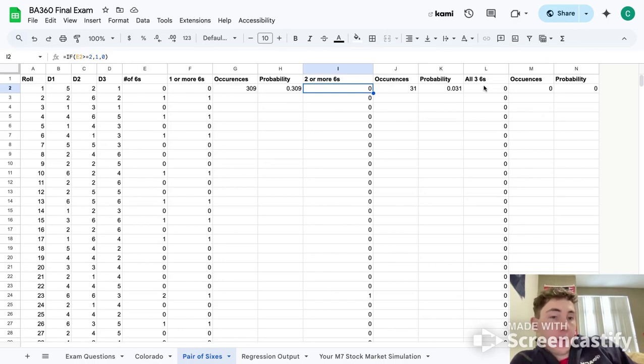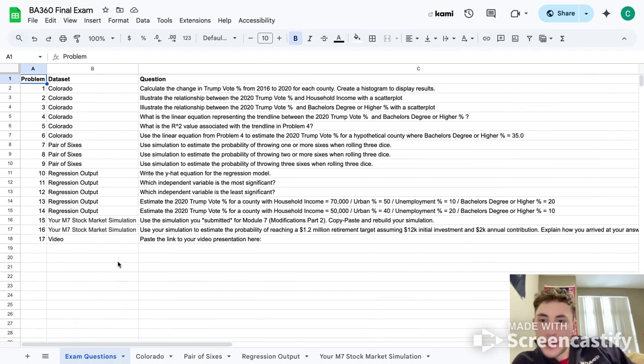And then all three sixes didn't happen one time out of 1,000 rolls right here, so giving you the probability of 0, even though it's not true, it's definitely higher than that. If I did it a few times, I'm sure there would be at least one or two times that I got three sixes. I think that's 7, 8, and 9.